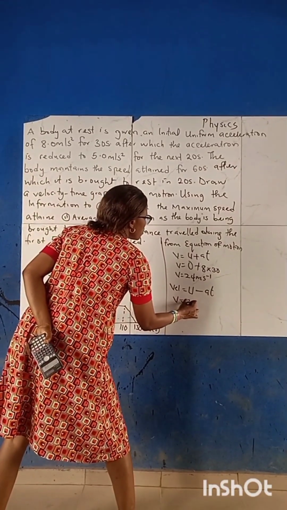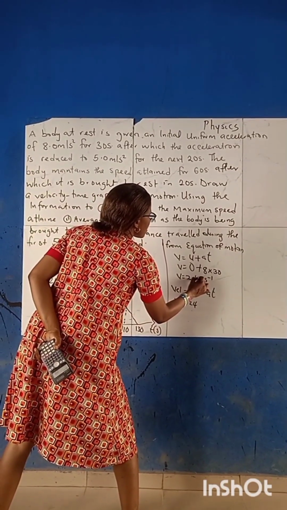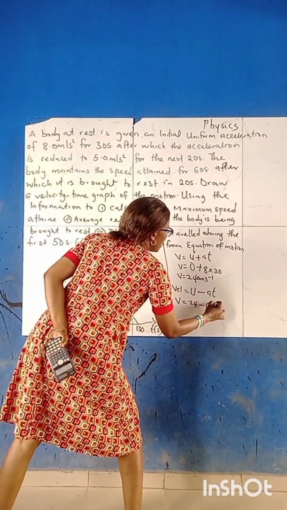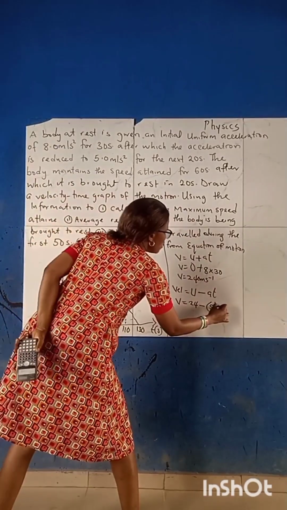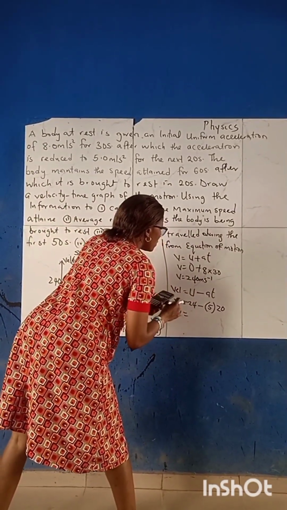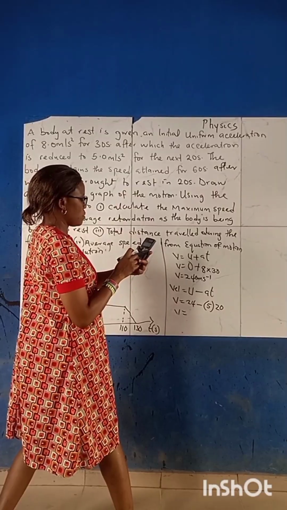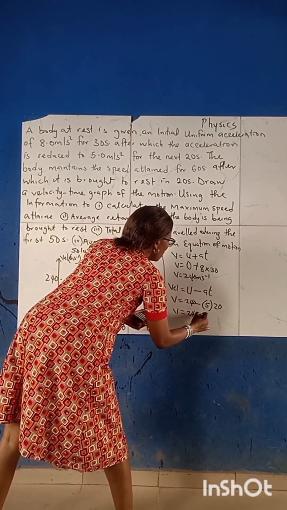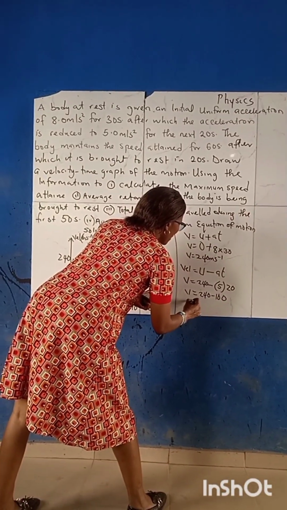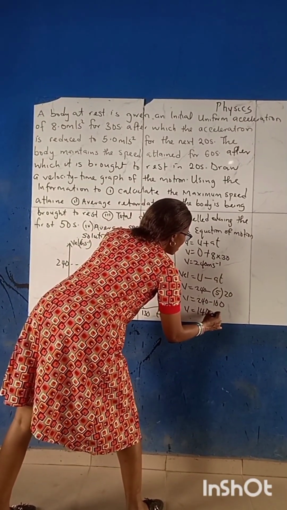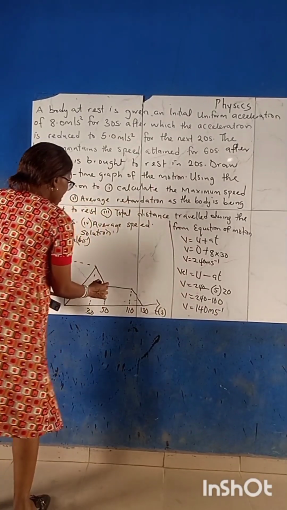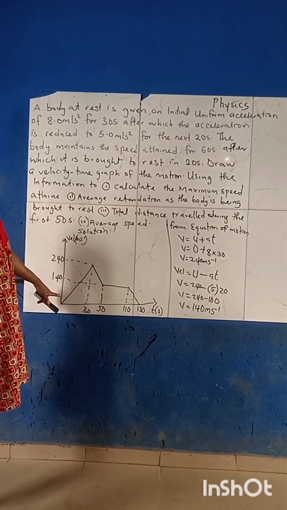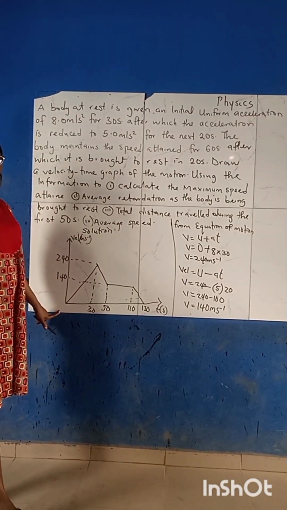So V equals 240 minus, A is 5 and T is 20. 5 times 20 gives me 100. 240 minus 100, so my velocity is going to be 140 meters per second. So this second velocity is 140 meters per second.